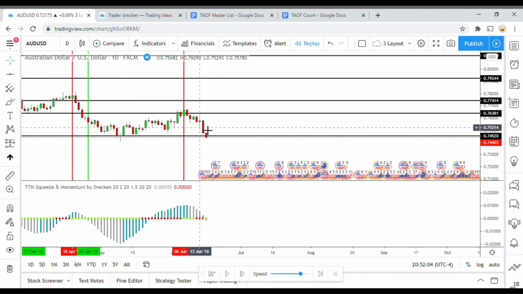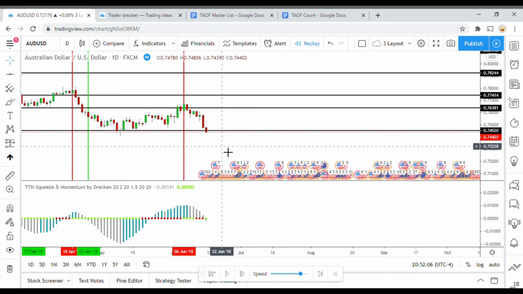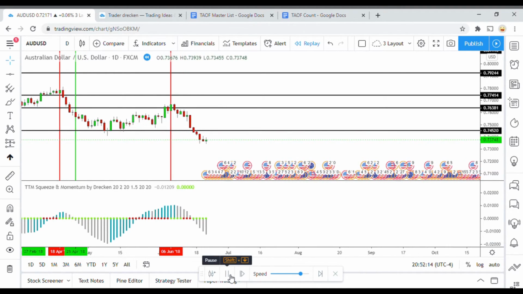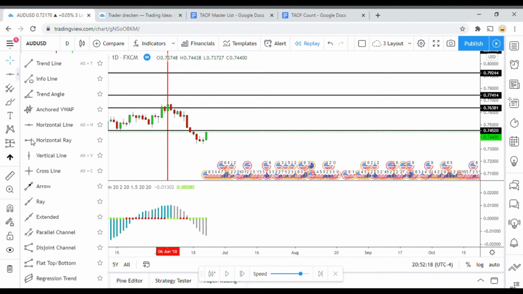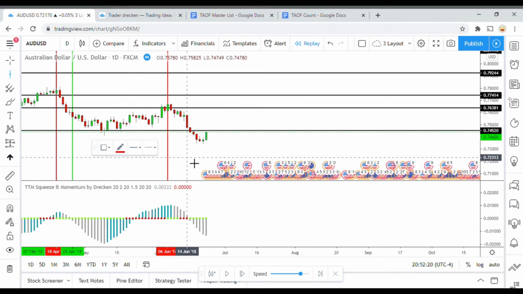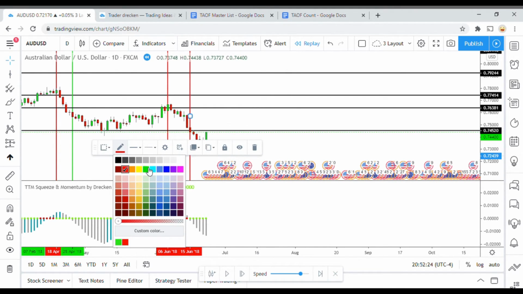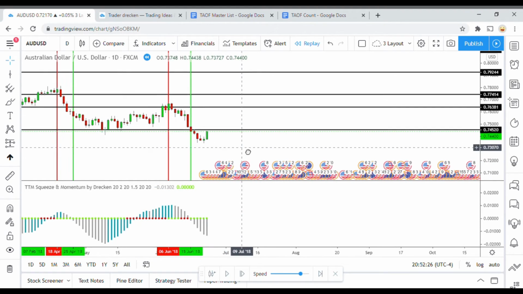It broke down fast and quick with a strong move down, and so not really a great price action pattern to accompany it, but you know, we'll give it the benefit of the doubt, see what happens. Yeah, there we go. So a good move down. There we go.